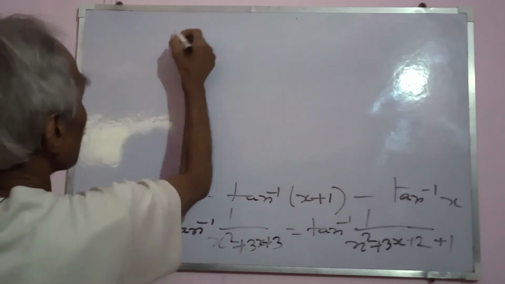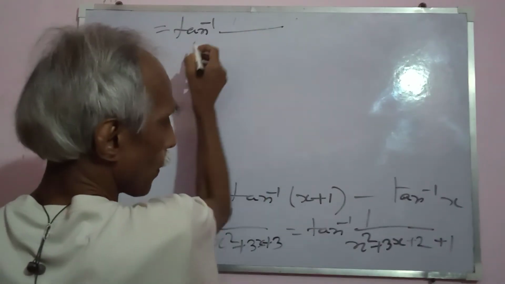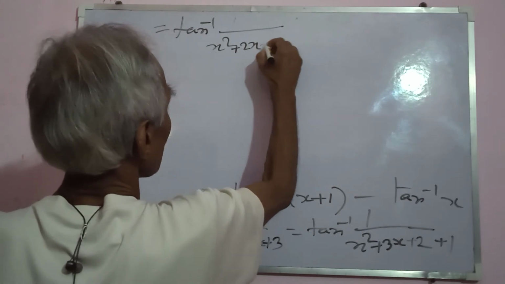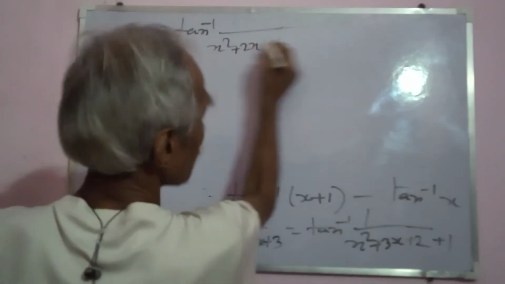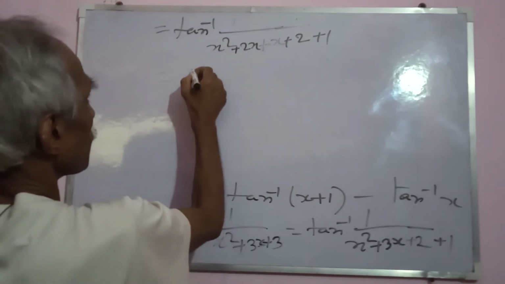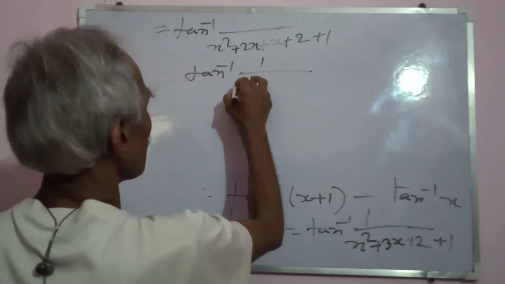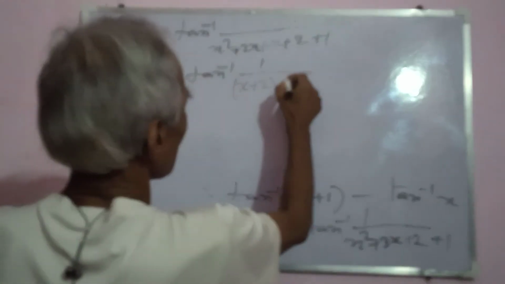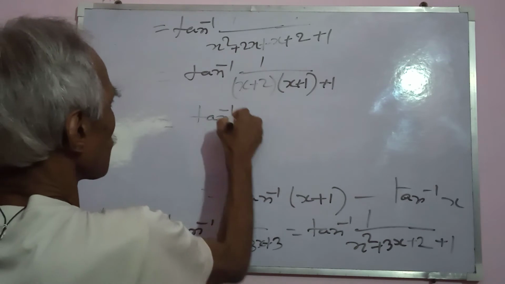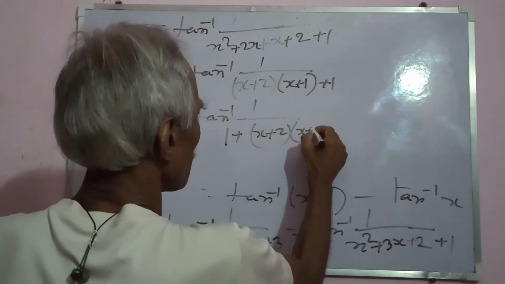This can be written as tan inverse 1 by (x square plus 2x plus x plus 2 plus 1), which is equal to tan inverse 1 by ((x plus 2) into (x plus 1) plus 1), which is equal to tan inverse 1 by (1 plus (x plus 2) into (x plus 1)).